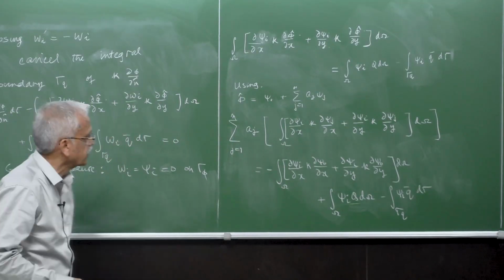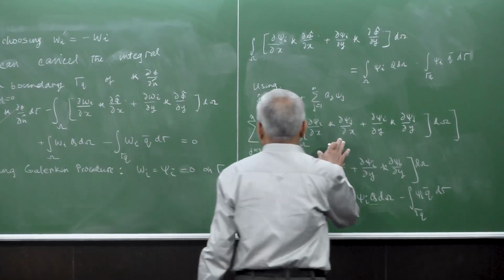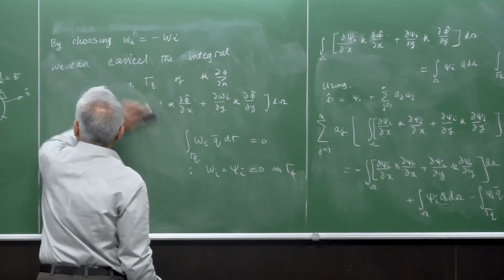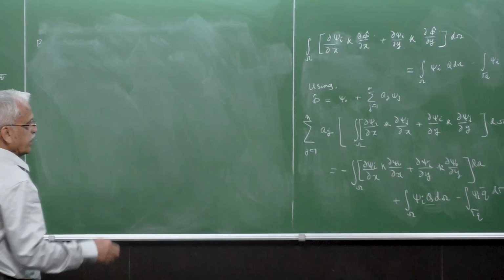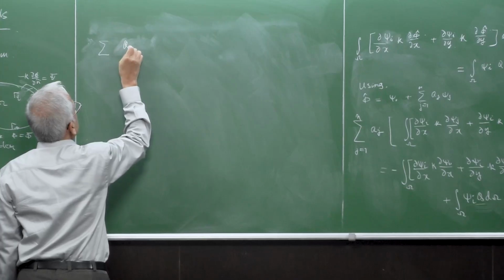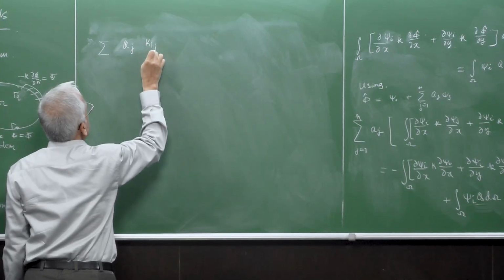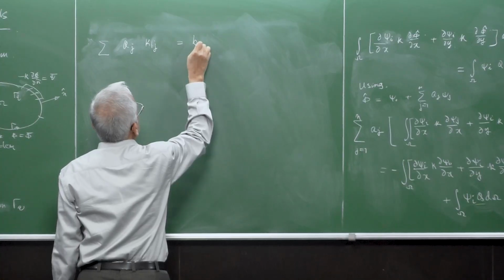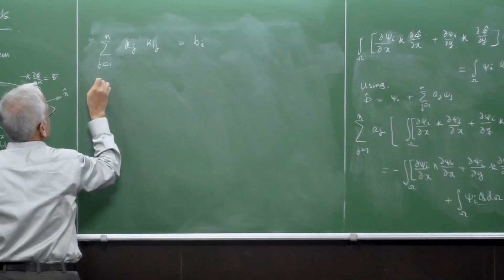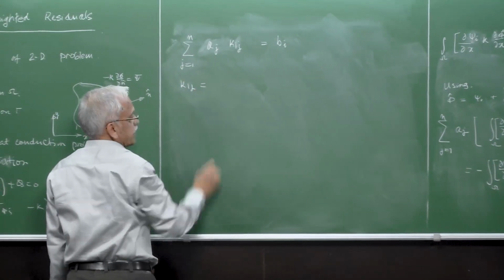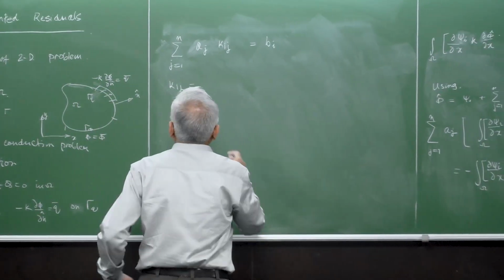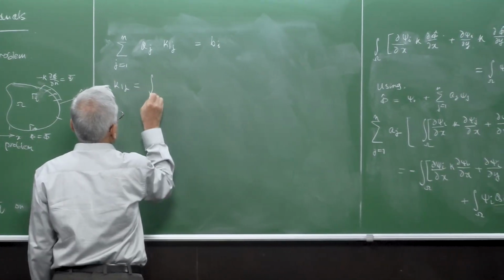Okay, so this is in longhand. This is what the algebraic equations in terms of aj look like. We can even simplify it a little bit as sum of aj Kij is equal to bi, where j goes from 1 to n. This Kij is the matrix K, where Kij is just given by this integral.